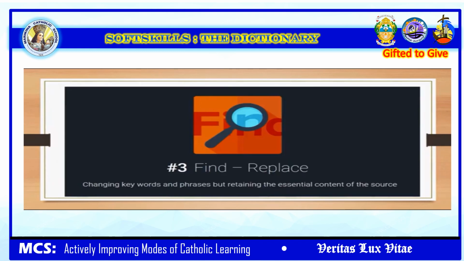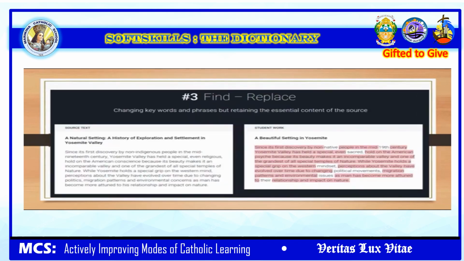The third type of plagiarism is find and replace. With this type of plagiarism, a few key words and phrases are changed, but the essential content of the sources is retained. This form of plagiarism happens when you find something to put in your assignment and instead of copying it entirely, you just change a few key words. This is still considered plagiarism because you've taken someone else's ideas and not given them credit.